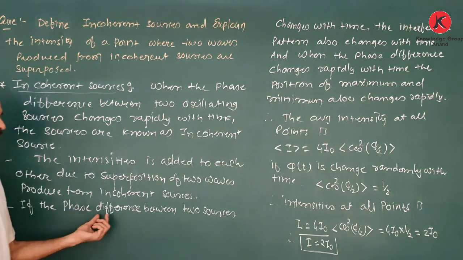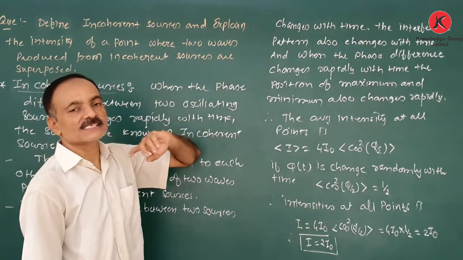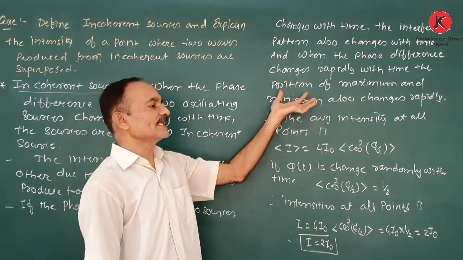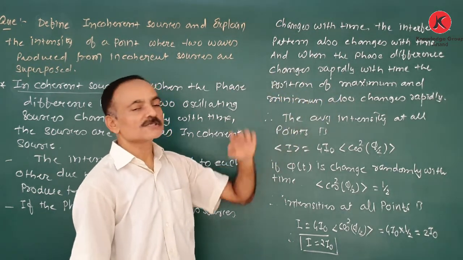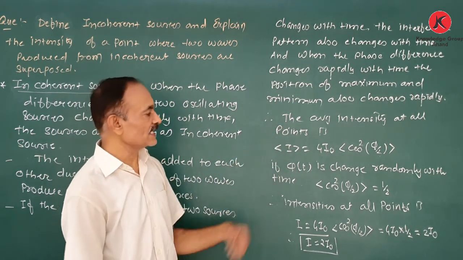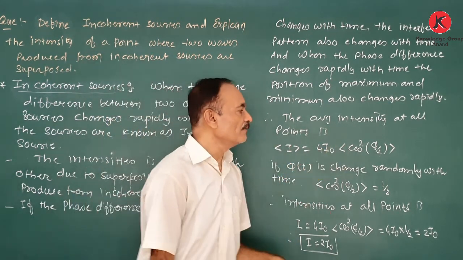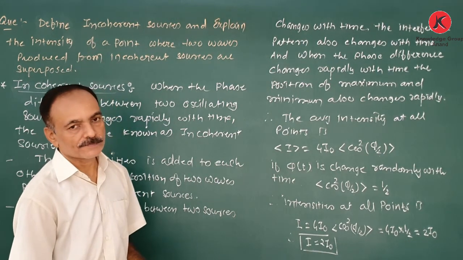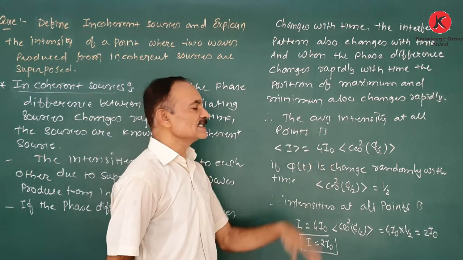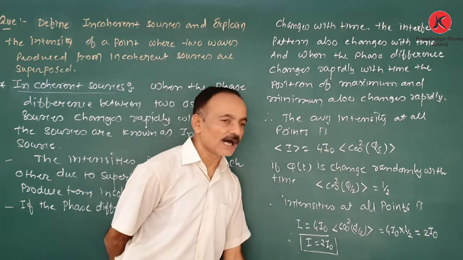If the phase difference between the two sources changes with time, the interference pattern also changes with time. When the phase difference changes rapidly, the positions of maxima and minima also change rapidly. Therefore, the average intensity at all points is given by average I = 4I0 average cos² (phi/2). If the phase phi at any instant changes randomly with time, the value of the average term becomes half.